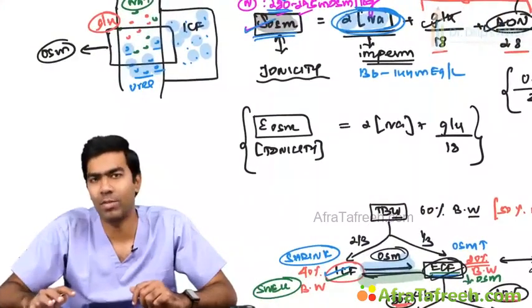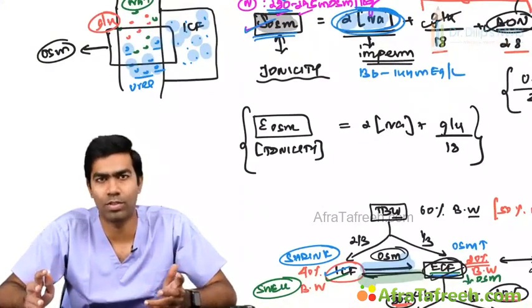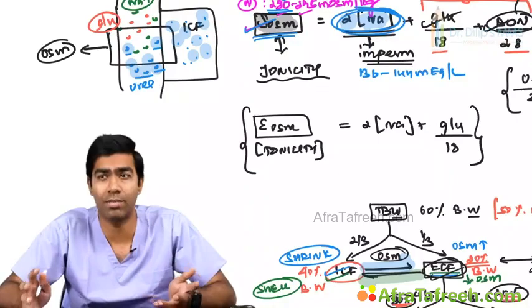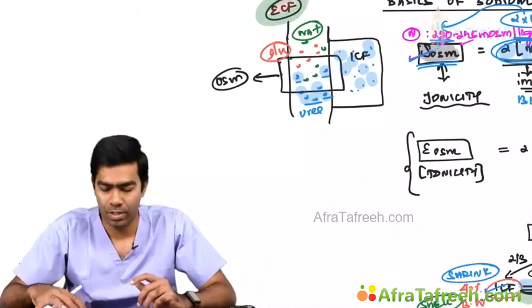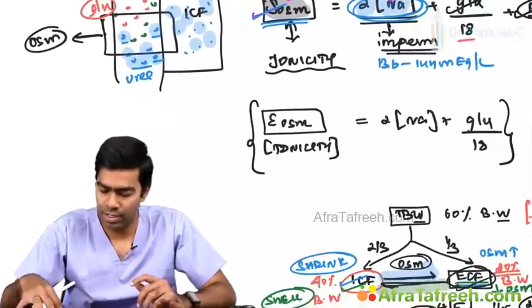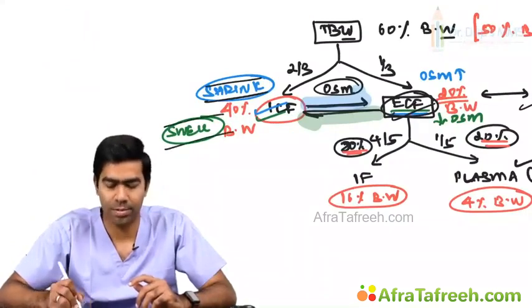Why are we worrying about these osmolar forces, what is the importance of this osmolar force, and who is going to suffer the maximum brunt from changes in these osmolar forces? See, I told you, whenever you change the osmolar forces, either the ECF or the ICF shrinks or swells, which means the cell shrinks or the cell swells.